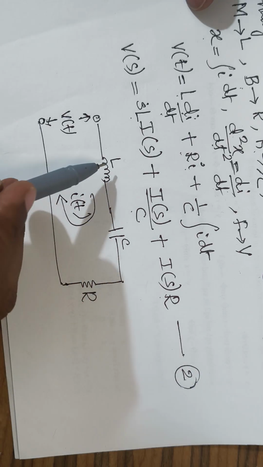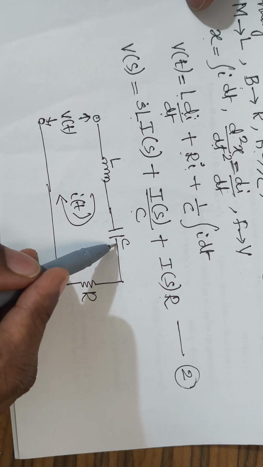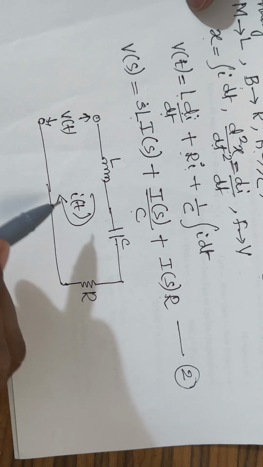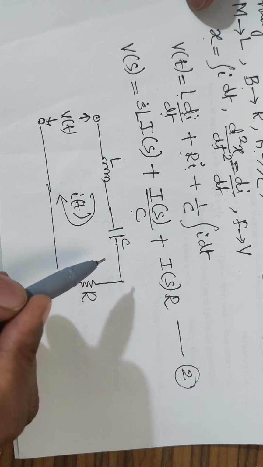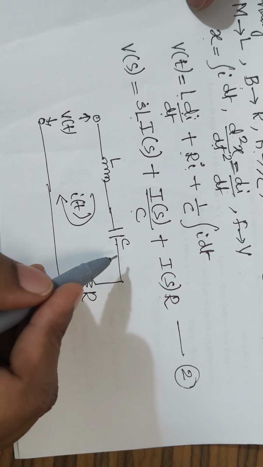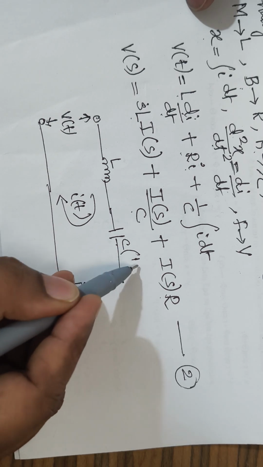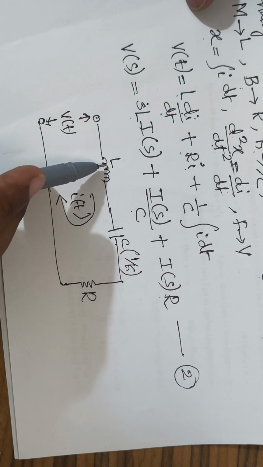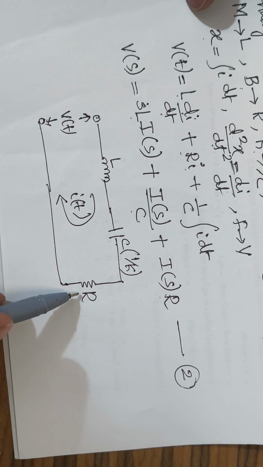Now this C is what? C was the reciprocal of the spring, or the spring was the reciprocal of 1 by C. Therefore here you need to write it as 1 by K. The remaining, L is analogous to M and R is analogous to B directly, so no need to write anything there.